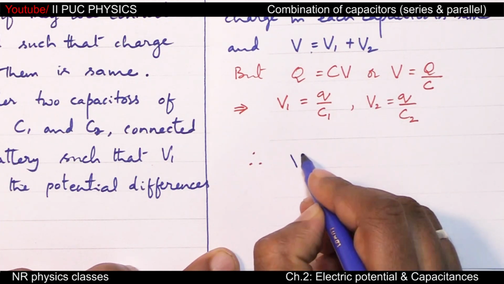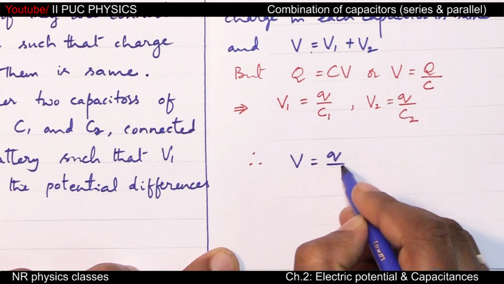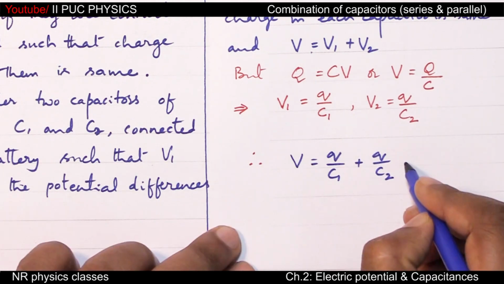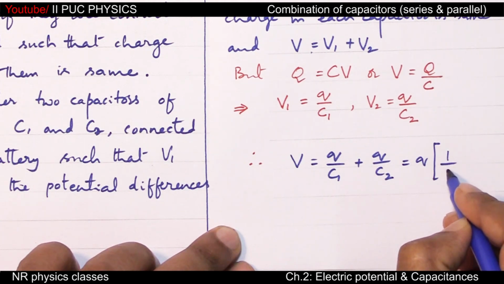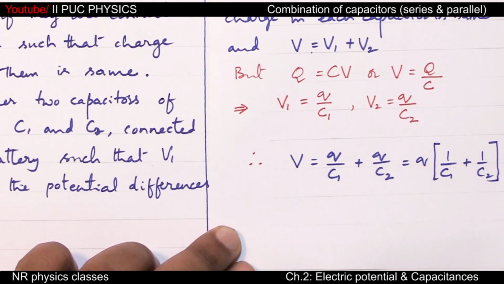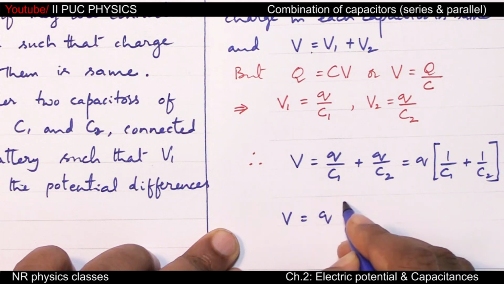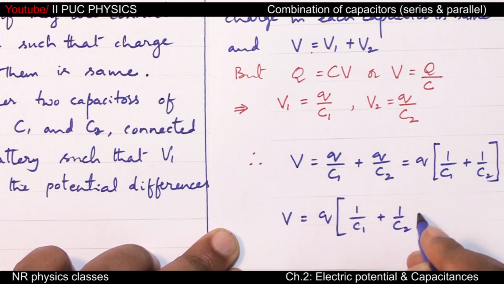Therefore, V equals V1, which is Q by C1, plus Q by C2. Let us take Q as a common factor. Remaining is 1 by C1 plus 1 by C2. Therefore, V is Q into (1 by C1 plus 1 by C2). Let this be equation 1.